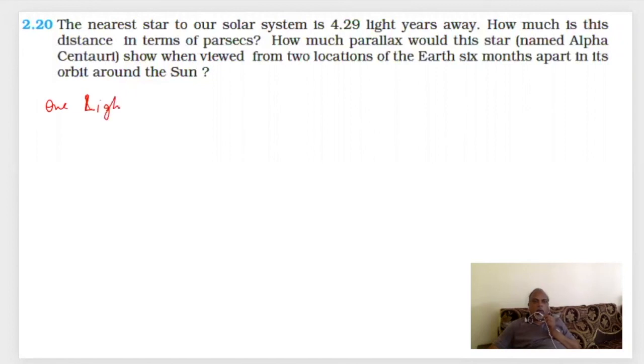One light year is nothing but the distance covered by light in 1 year.